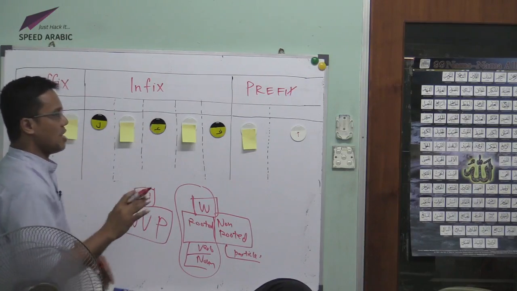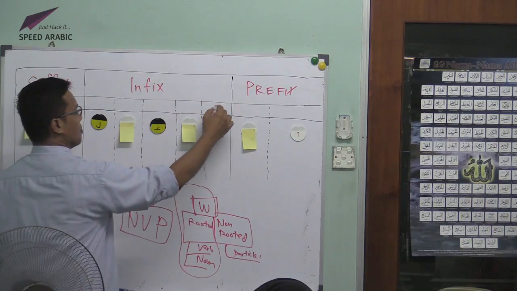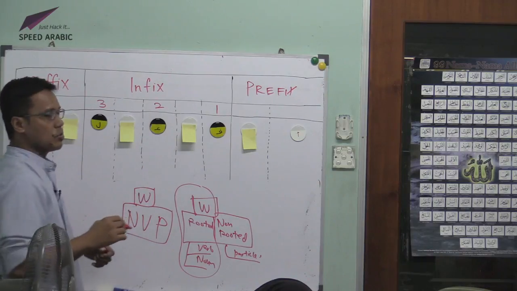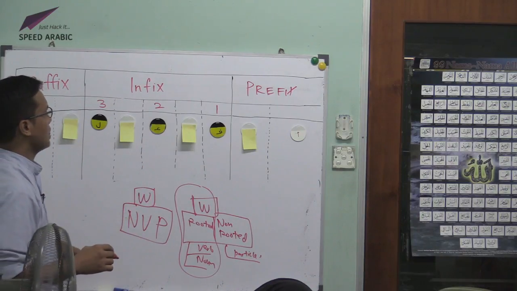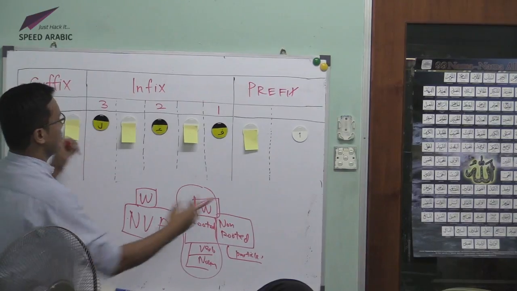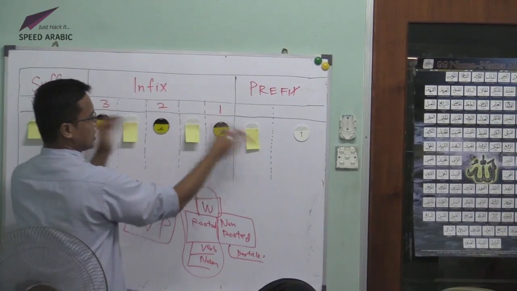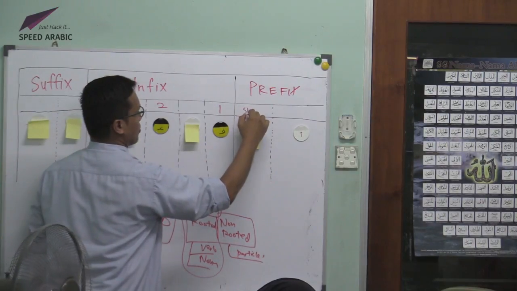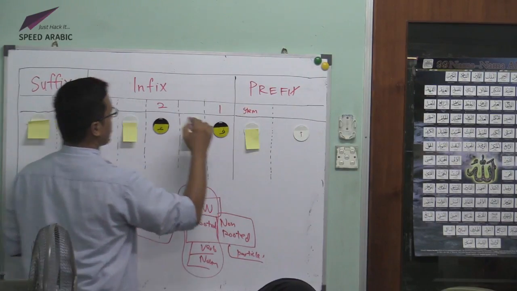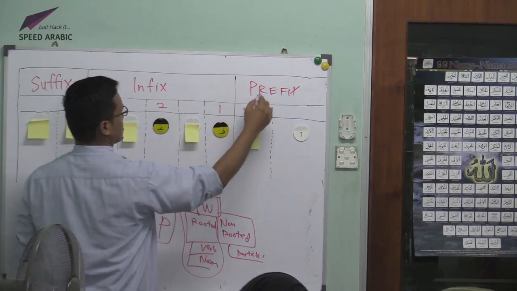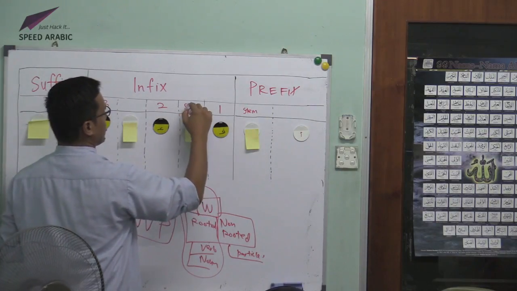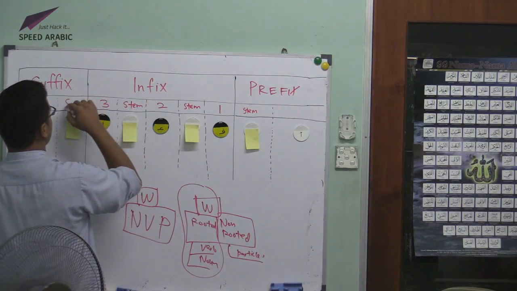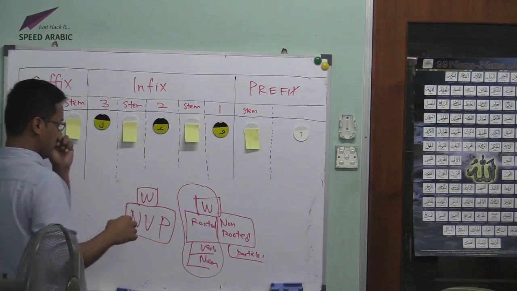So you have three roots here, 1, 2, 3. Attached to the roots are what I call the stems. So this is a prefix stem, and then this is an infix stem, infix stem.